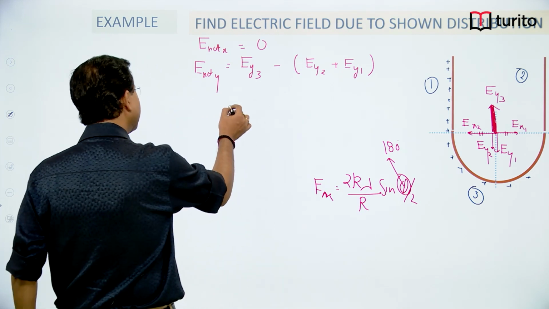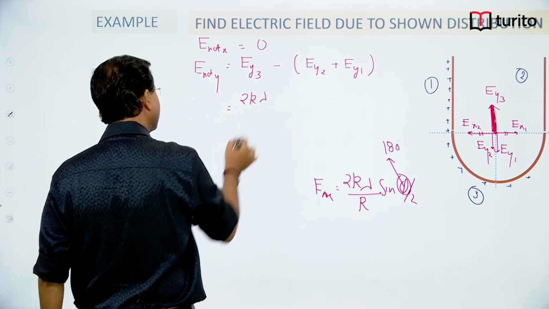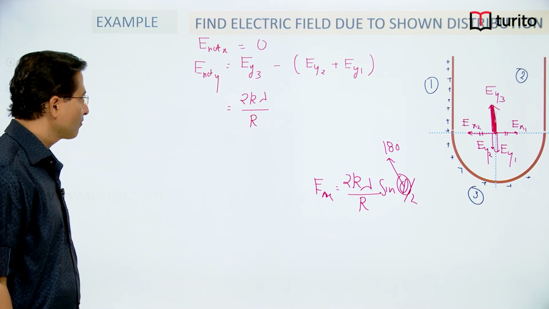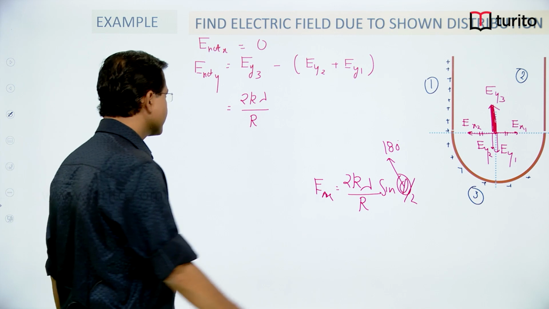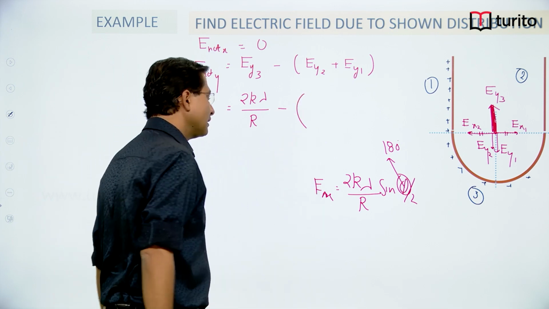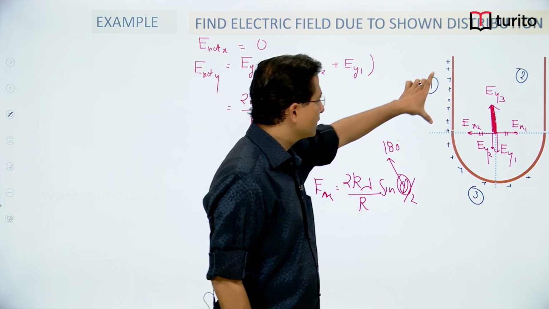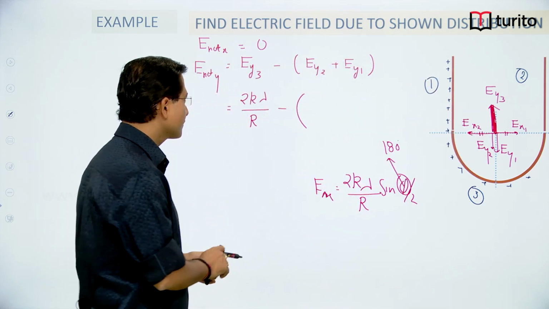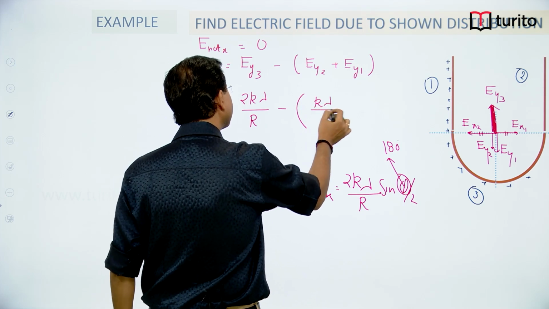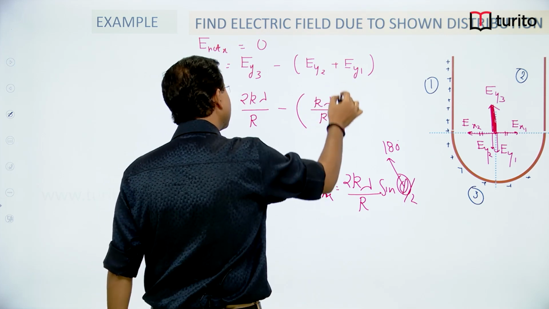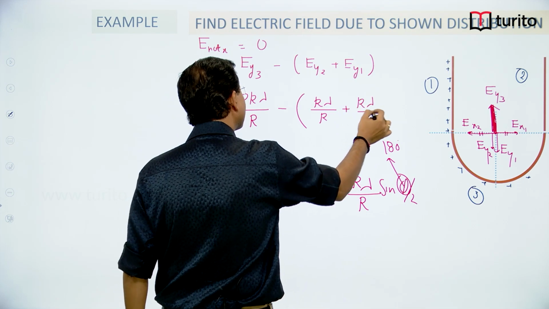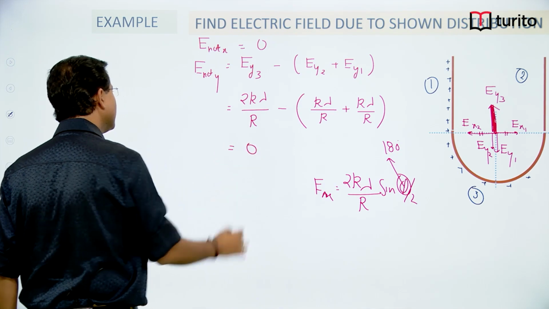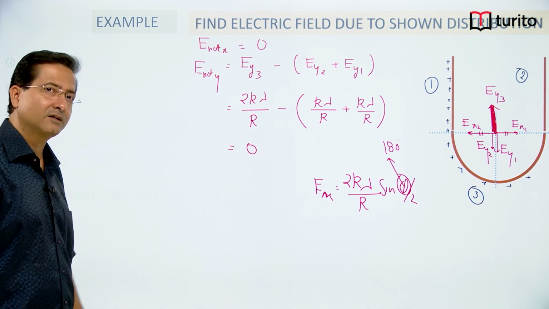So I can write 2k lambda divided by r minus, due to the semi-infinite wire this y component, k lambda by r. So here I will write k lambda by r, this I will write plus k lambda by r. If you simplify, then what you will get, 0, that means x is 0, y is 0.